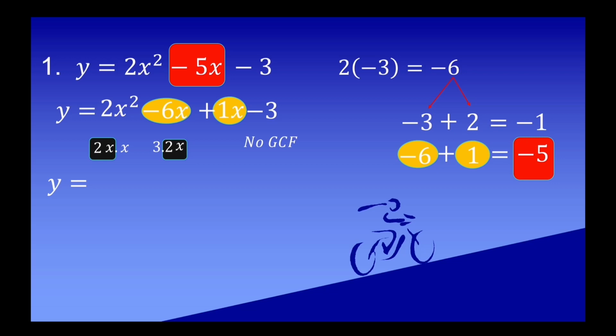So y is equal to, then take down the GCF, the greatest common factor, that is 2x. Then write down the remaining terms in the parentheses, so that is x minus 3.